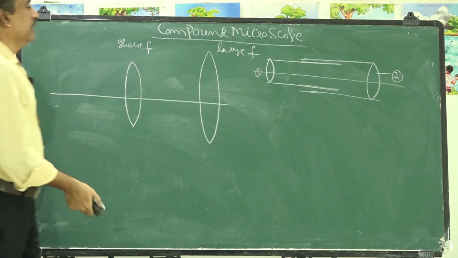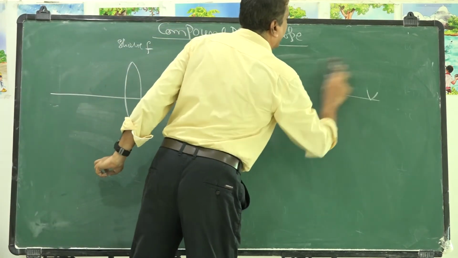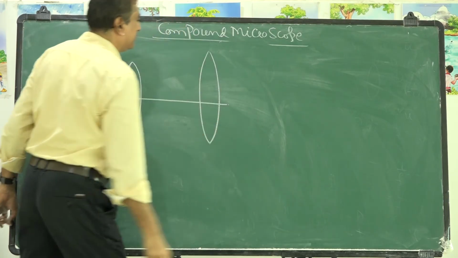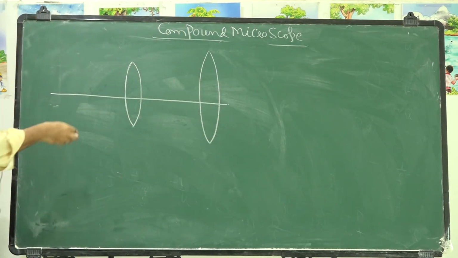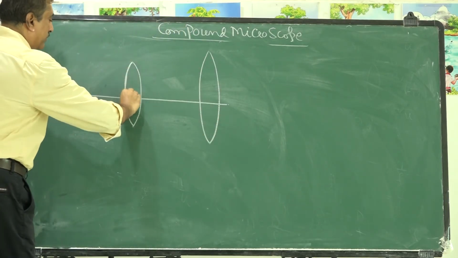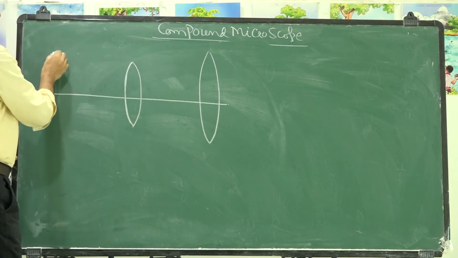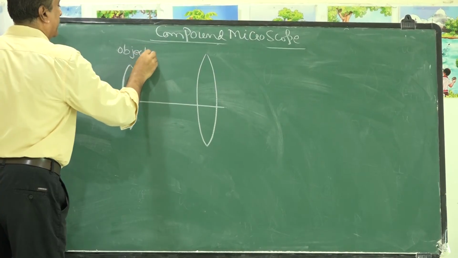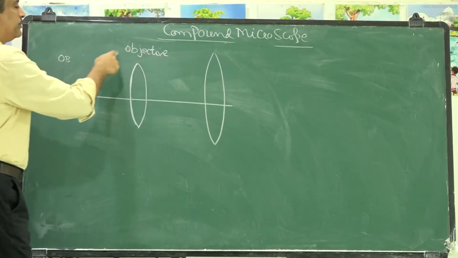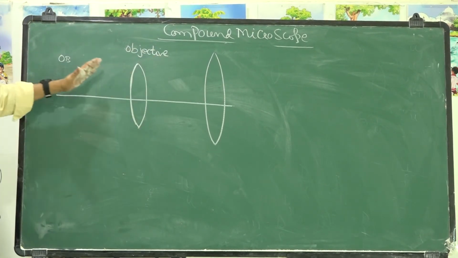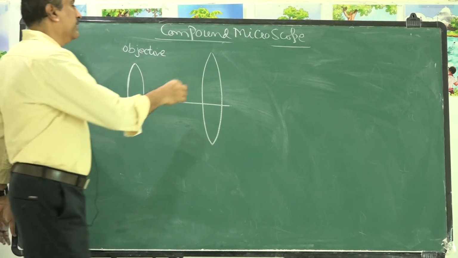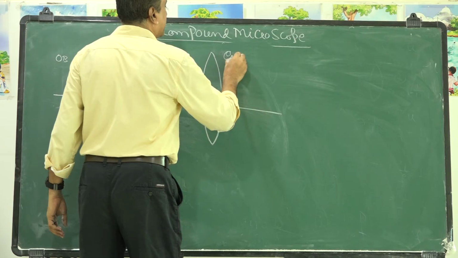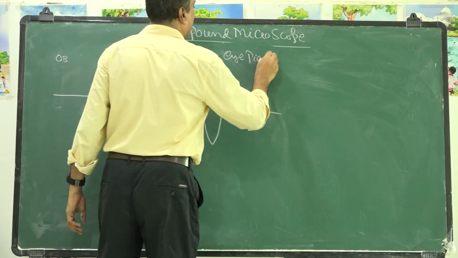And now, the names of these two lenses: the lens which is towards the object is called objective, and the name of the other one is eyepiece, which is towards the eye.